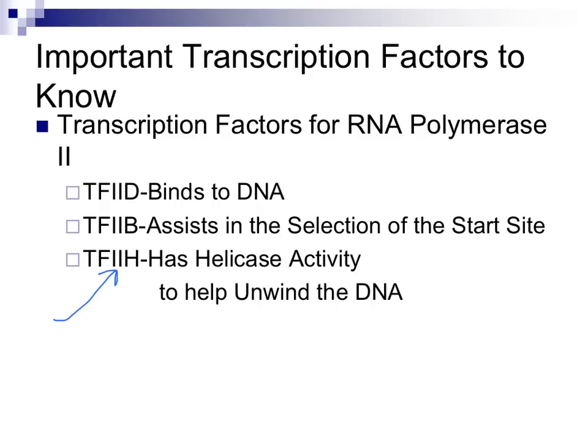Its job is to act as a helicase, to separate the two strands of the double helix. Okay. Now here, it may be a little bit misleading, but just make sure you understand here, unwinding the DNA actually means separating the two strands from each other.